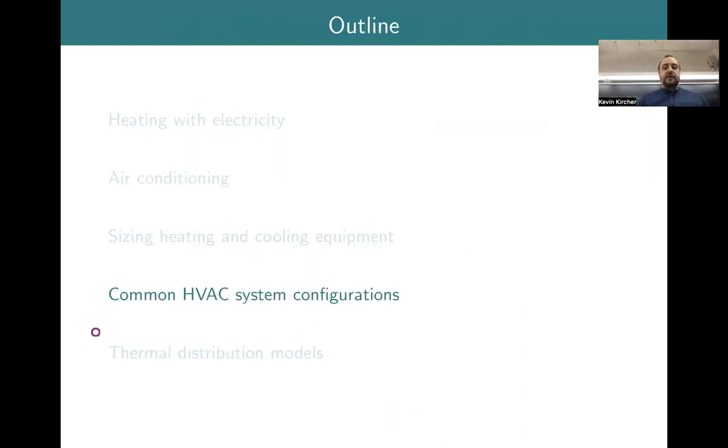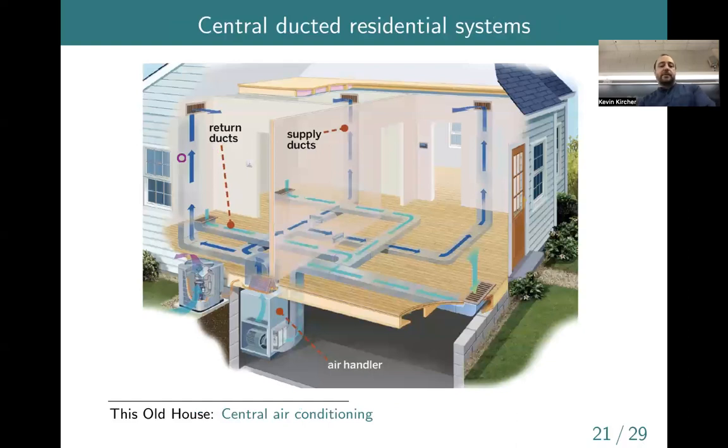Okay, so let me get into a couple of configurations for common distribution systems. Maybe the most common, certainly in this area, is a central ducted system, where you have what's called a unitary air conditioner or heat pump. I think in this illustration, this is for cooling operation.